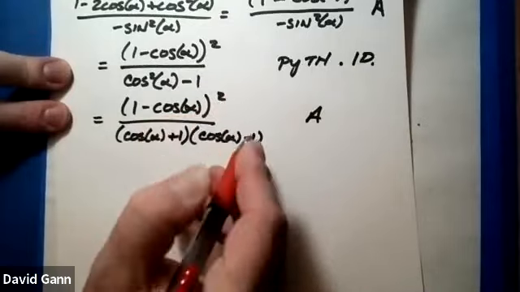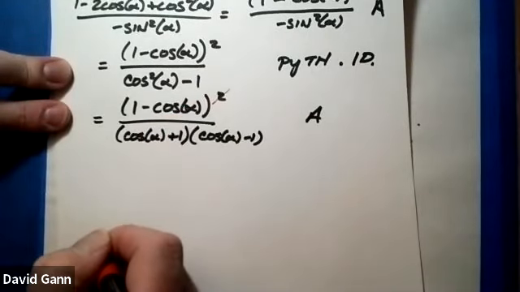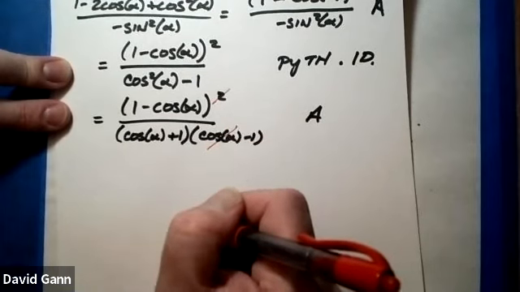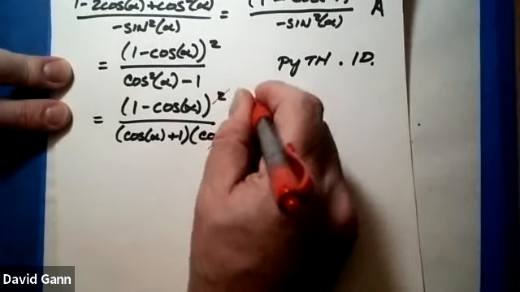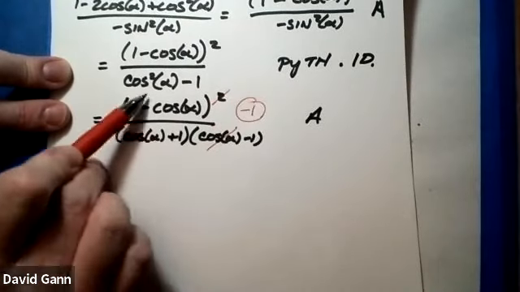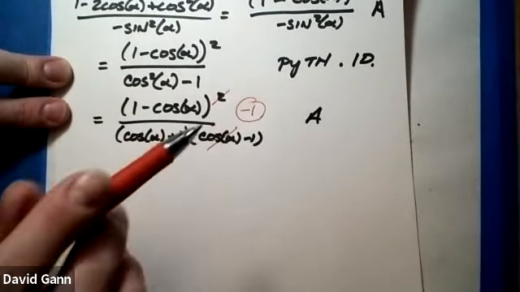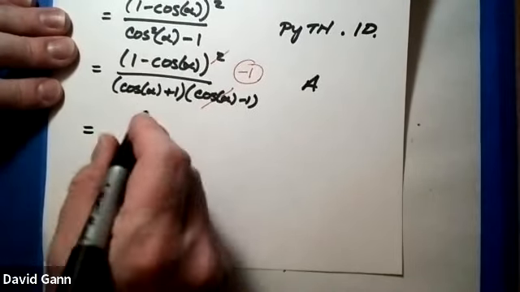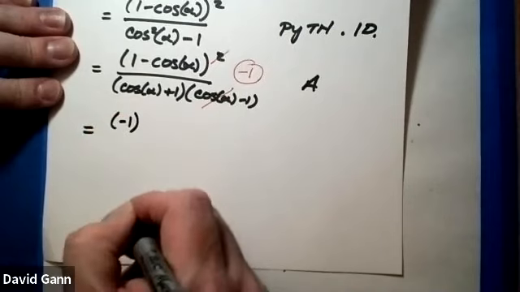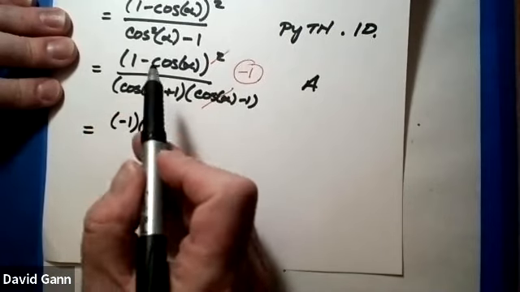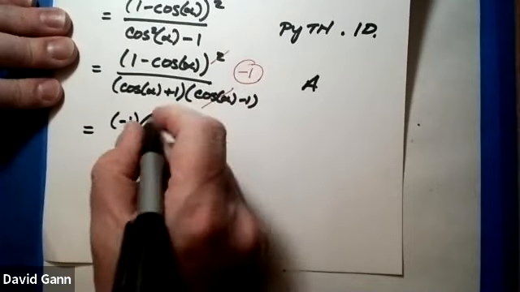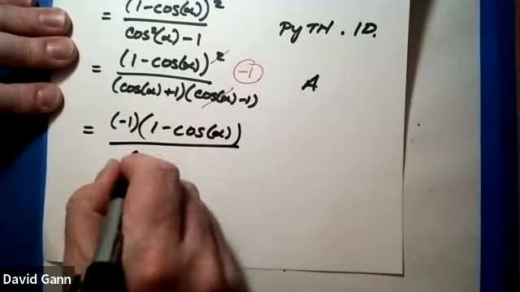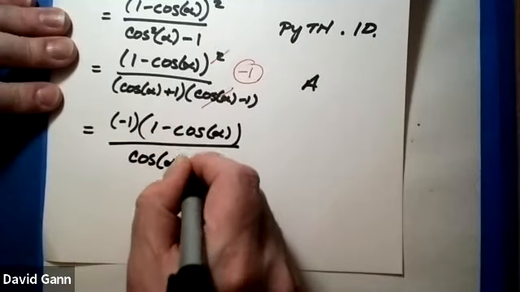I'm canceling one factor of the numerator and the factor in the denominator, and those are becoming minus 1, because they have an opposite sign. So the next term is going to be negative 1 times, well, I still have one factor of 1 minus cosine of alpha, and in the denominator I have cosine of alpha plus 1.